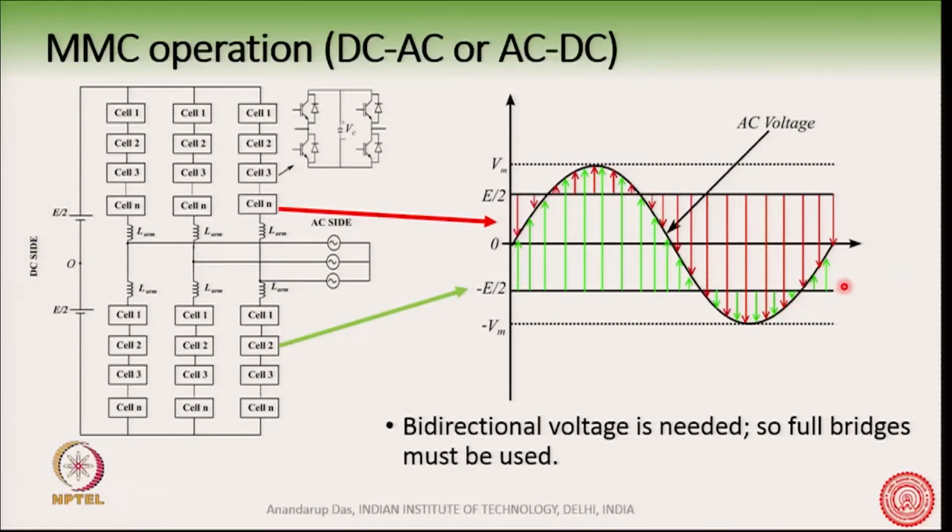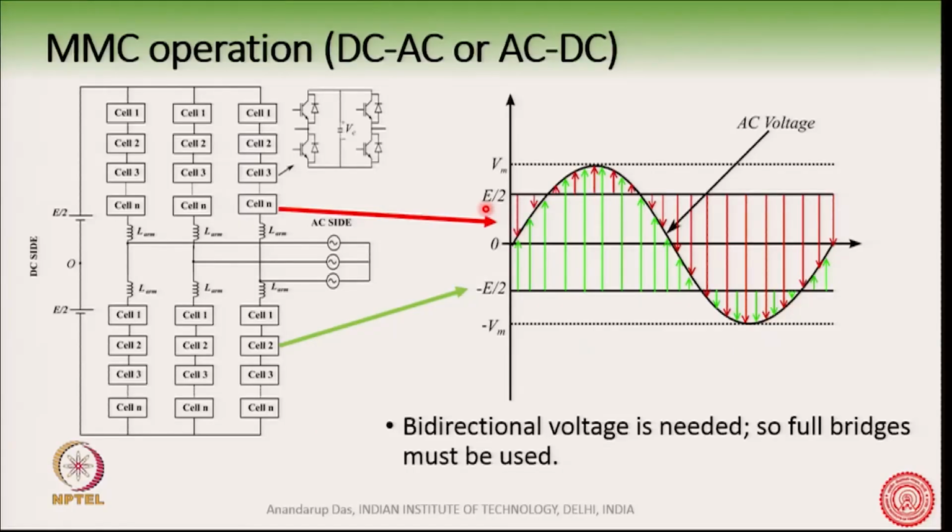When the DC voltage is more than the AC voltage, then the arrows are downward. The arrow indicates the instantaneous arm voltage.